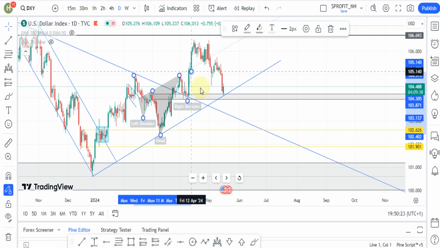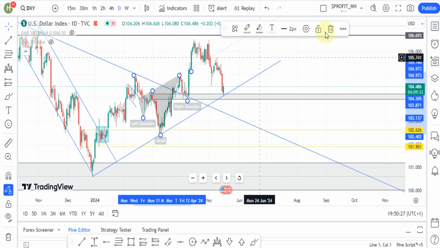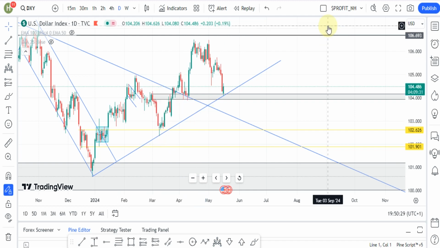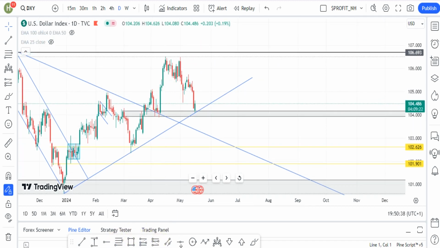We had something like this. So this market gave us this kind of inverse head and shoulder, and what we're having right now is a retest on this area. Then we probably push all the way up there. So we should wait for this market to break above this area.